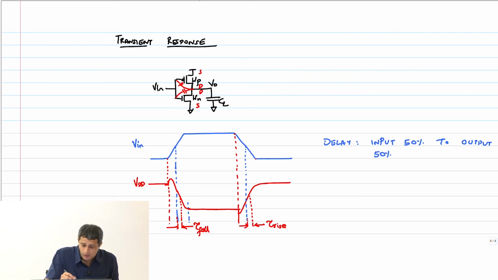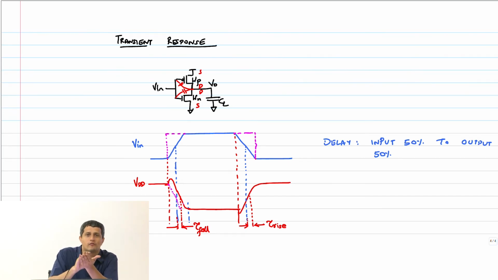However, remember that the expressions that we derived earlier, 0.693 R equivalent into C, assumed that my input went instantaneously from 0 to VDD. So in that case, the delay would happen earlier, like this. It turns out that by dropping that 0.693, we can capture this actual delay case where the input itself is rising a little slowly.